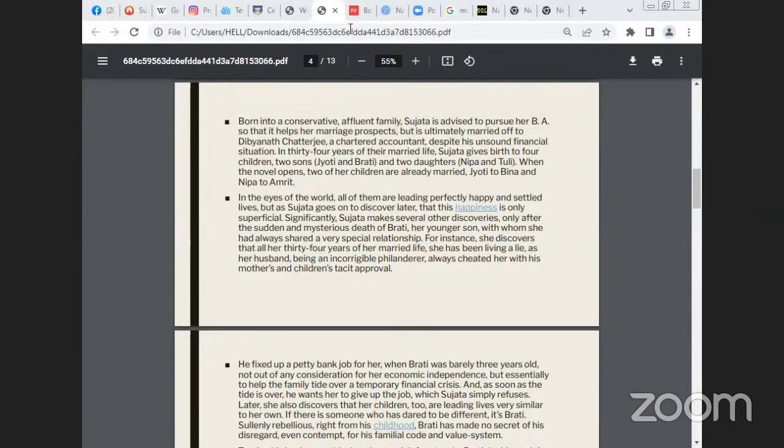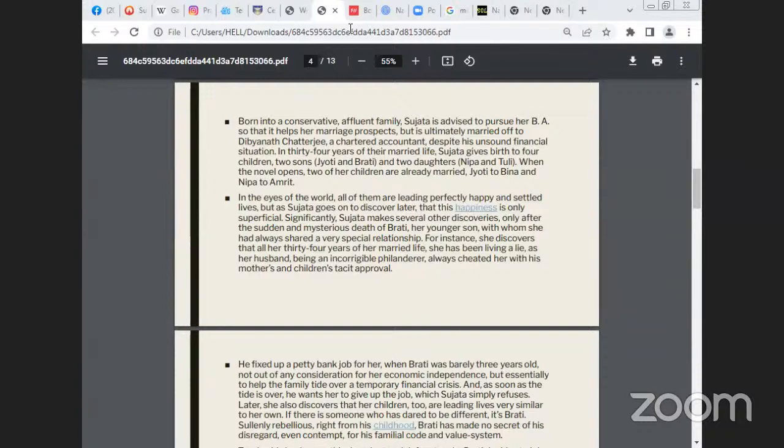And in another way, this Brati is not like her other brother and sisters, because he is thinking on his own, living independently in his thoughts. But his brothers and sisters are not like that. They are just common people, living in subjugation to societal norms and family norms. They don't have any individual opinion.